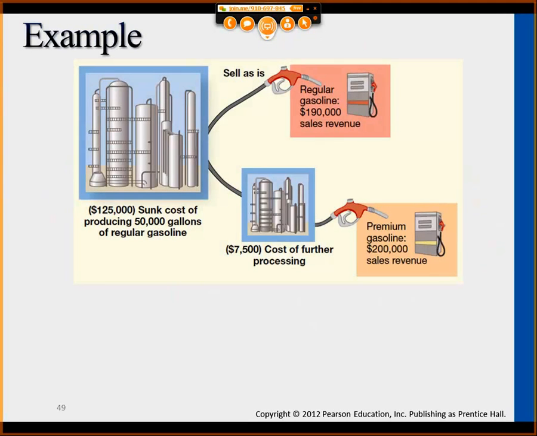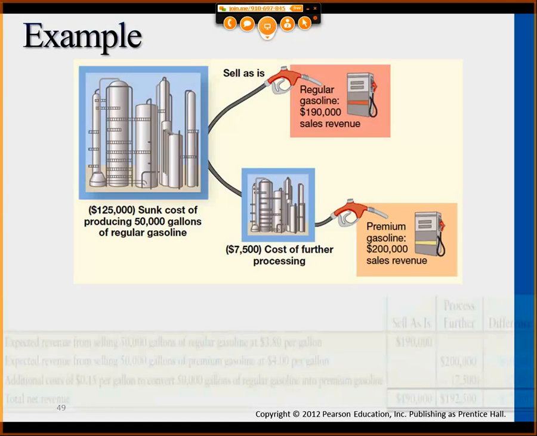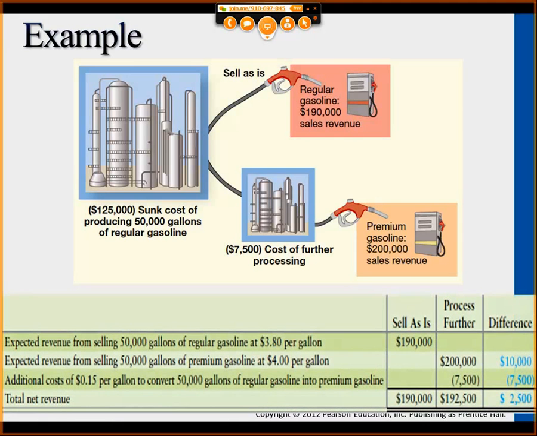Okay, so let's talk about a gas company. Let's say this is, I don't know, Chevron or whatever that is. Chevron is going to sell their product either as is, or they're going to make a decision to process further. And we're going to help them right now to do that.